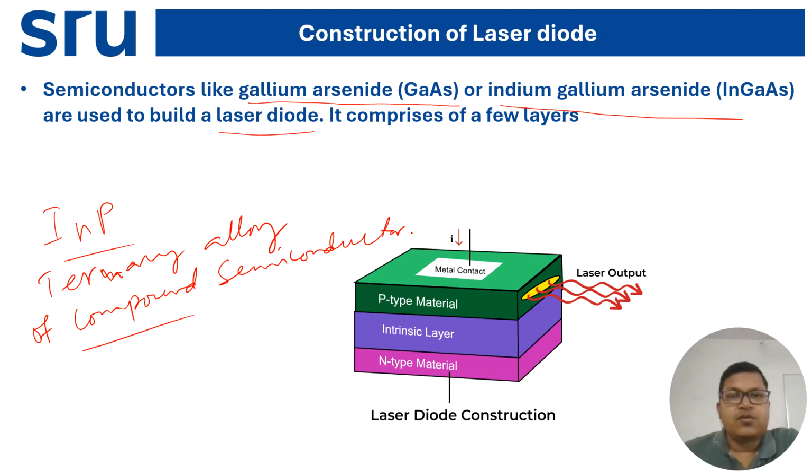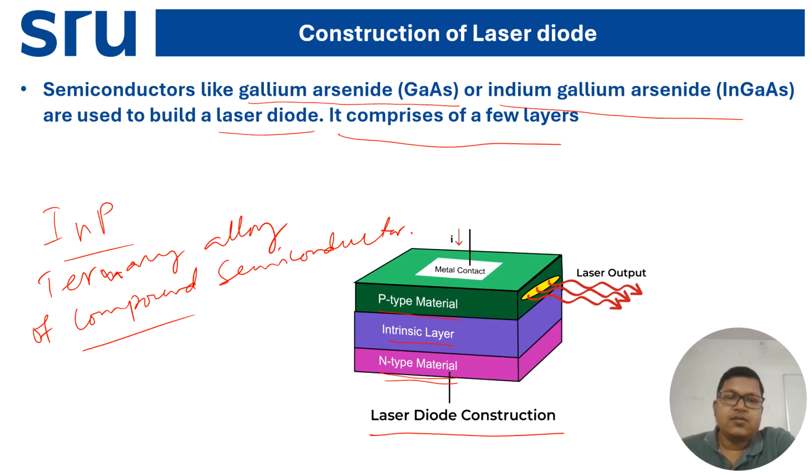We will see that it comprises a few layers. What are the layers? Here is the laser diode construction. The bottom layer is N-type material, the middle layer is an intrinsic layer, and the top layer is P-type material.